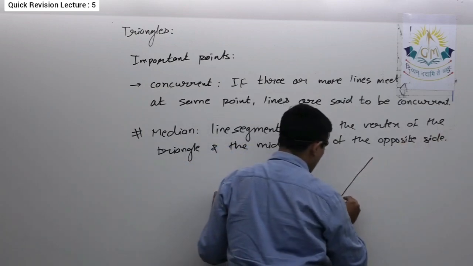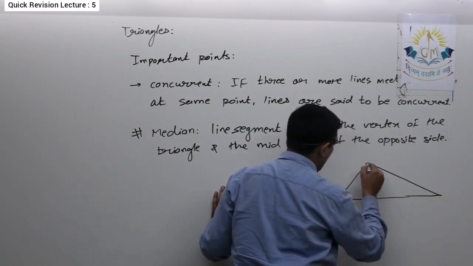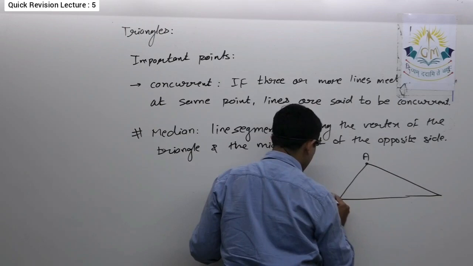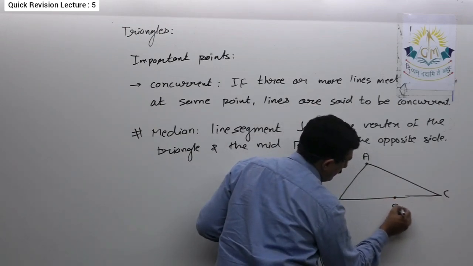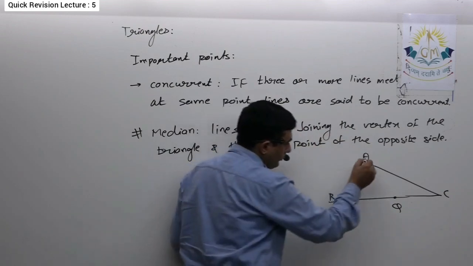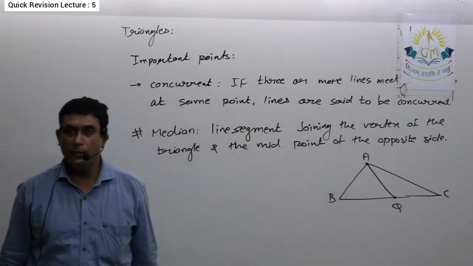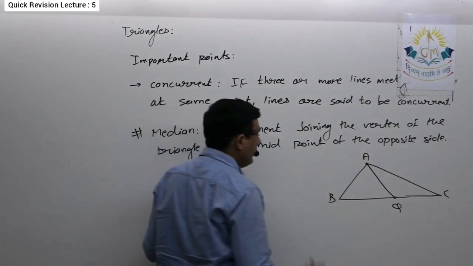Suppose this is triangle ABC. Let this point be the midpoint of BC, so this AQ is called the median. A line segment joining the vertex and the midpoint of the opposite side is called median.